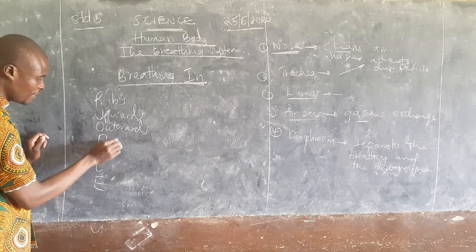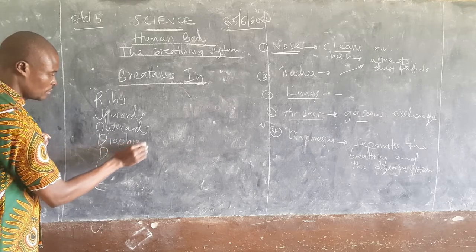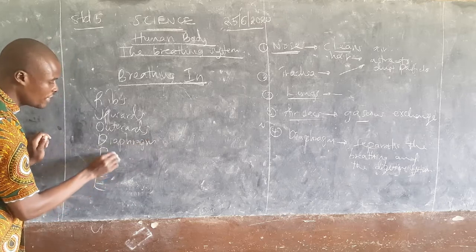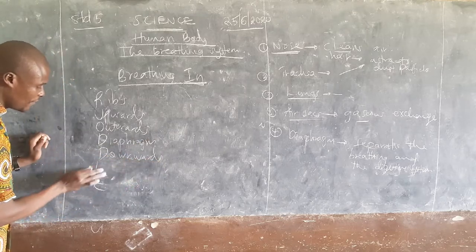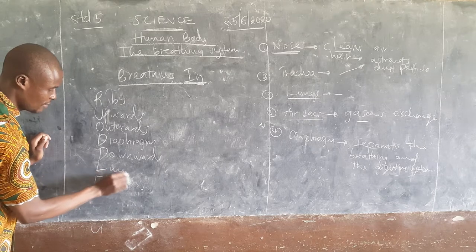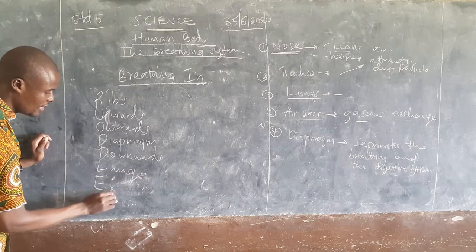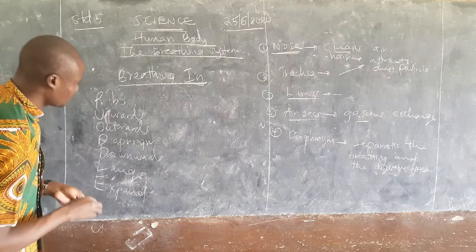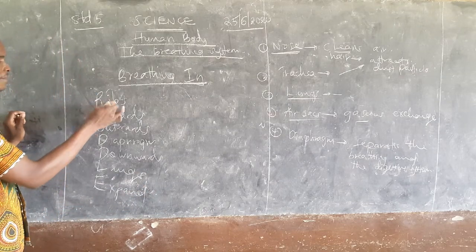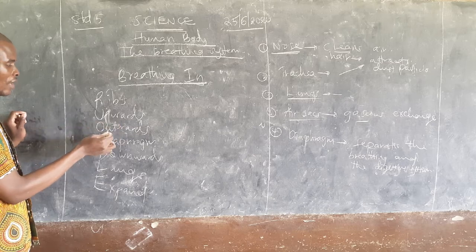And then the diaphragm. The diaphragm will move downwards. And then the lungs will expand. Lana, look at it very clearly. The ribs will move upwards and outwards.